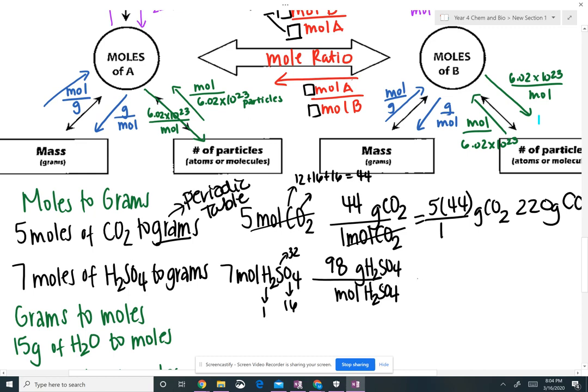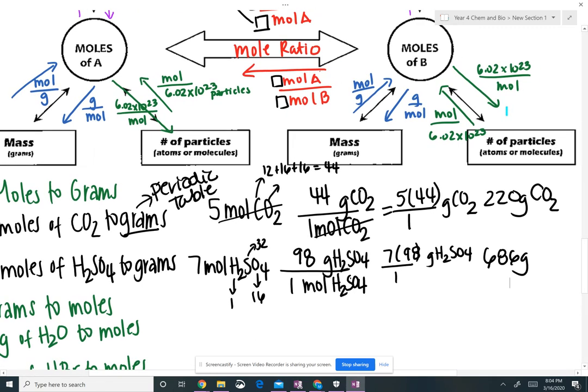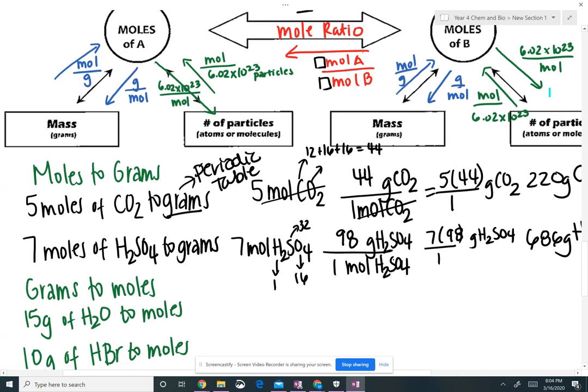And since you have that, you guys are going to multiply and divide those things. So 7 times 98 grams of H2SO4, divided by 1, and if you multiply that by 7, you should get 686 grams of H2SO4, right, so that is what you guys would get.